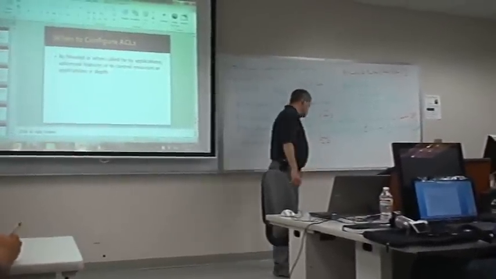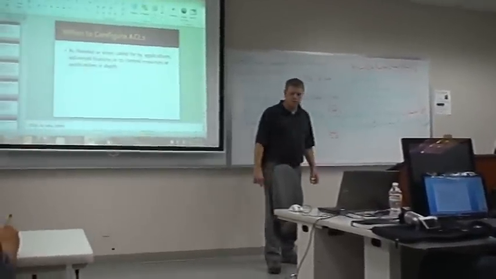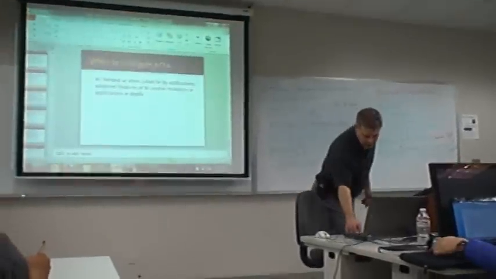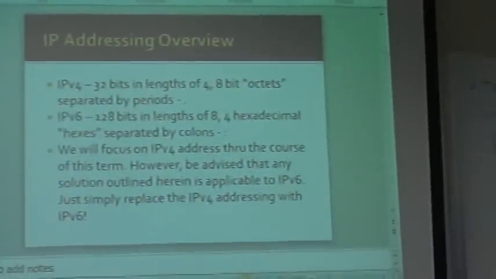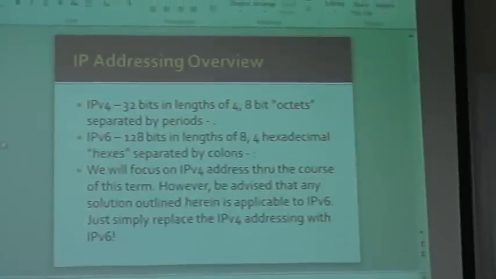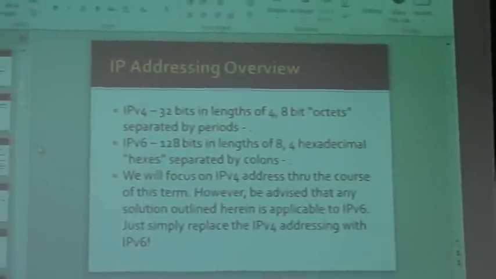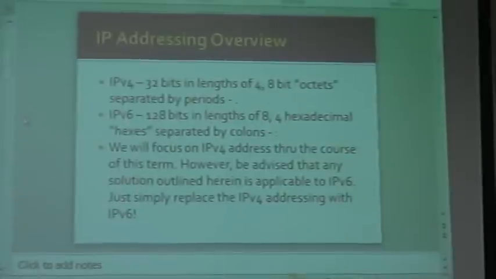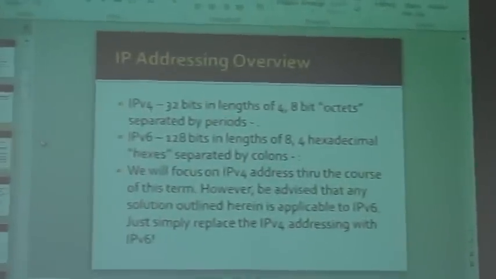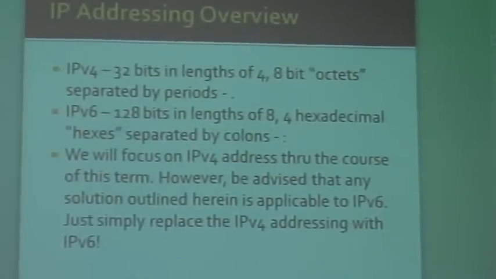All right. So what I'm going to do now, all of this is done via IPv4. So we're going to concentrate on IPv4. You can do this with IPv6, but we need to crawl before we run. All right.